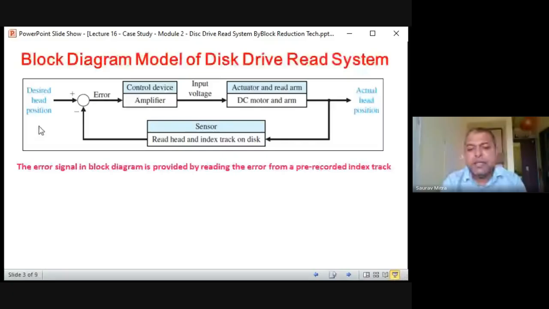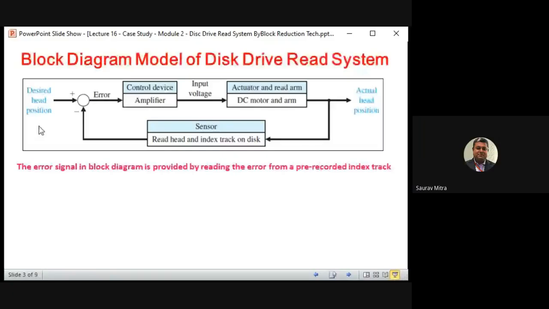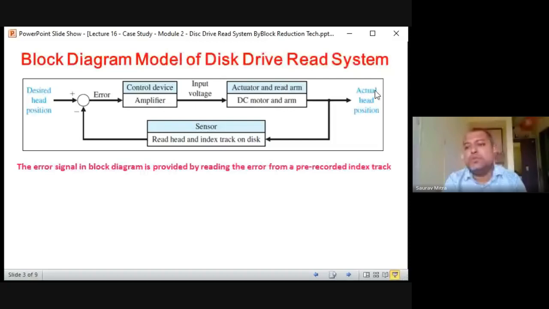As in the previous diagram, this is the head. Okay, so for every track we know when the track is being read, after this position the head should move this way. So that is actually the desired head position, and where the head is actually positioned at present. So the difference between these two. So there is the output CS, and this is actually the input or control signals.